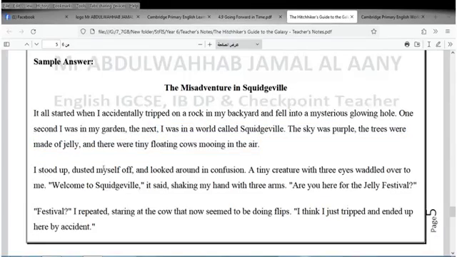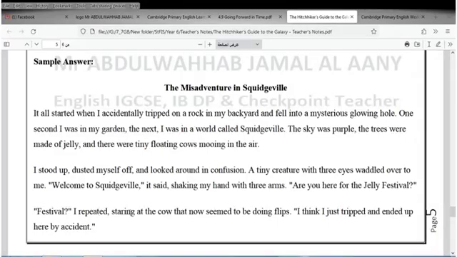I stood up, dusted myself off, looked around in confusion. A tiny creature with three eyes waddled over to me. "Welcome to Squidgeville," it said, shaking my hand with three arms. "Are you here for the Jelly Festival?"